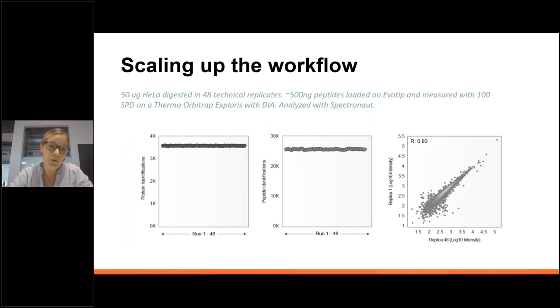A bit more than 3,500 proteins were identified. Here we loaded 500 nanogram, expecting that we don't have a loss in our digestion protocol, which we most likely have, but we didn't quantify it. We just measured it by volume. And it's also nice to see that we have a nice correlation between the replicates. Here we compared the first replicate with replicate number 48.